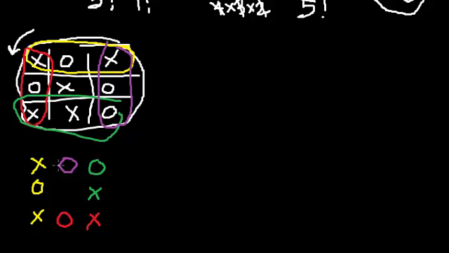And the center, obviously, is the center. This is called a quarter rotation.